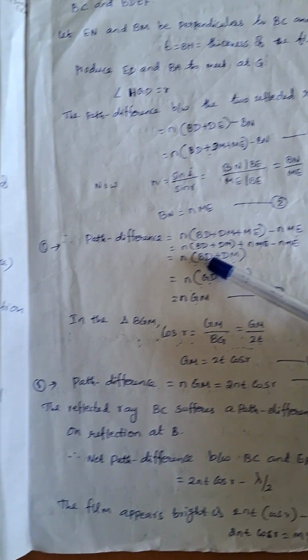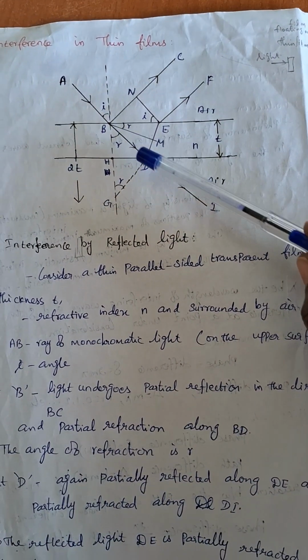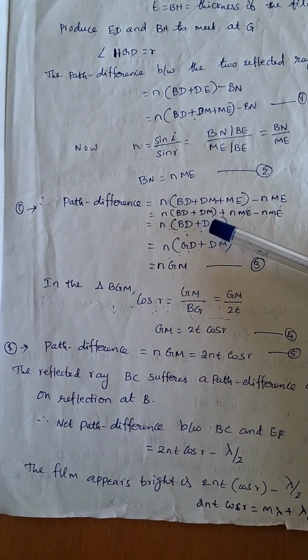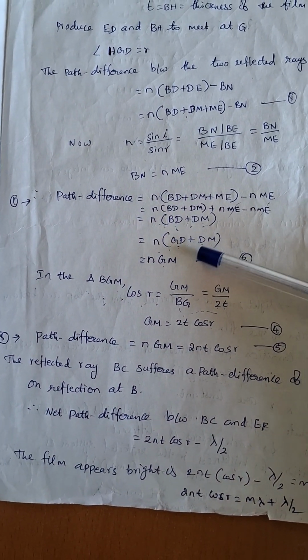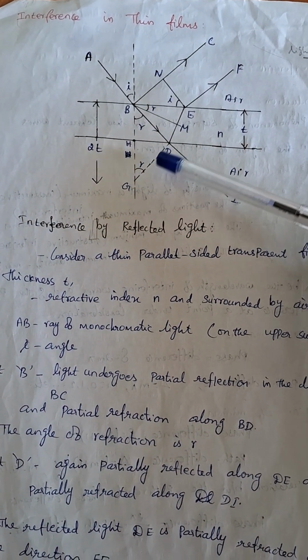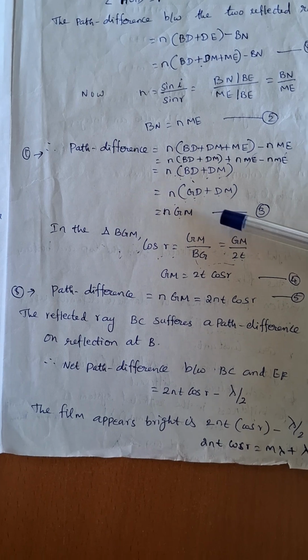BD can be written as GD, so instead of BD we write GD plus DM, and GD plus DM is equivalent to the whole length GM. So path difference equals mu into GM.